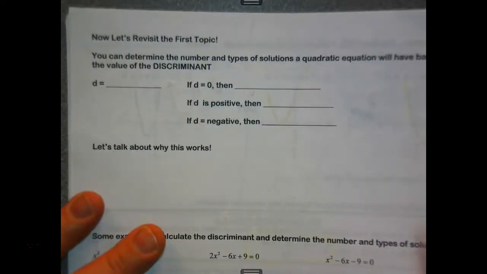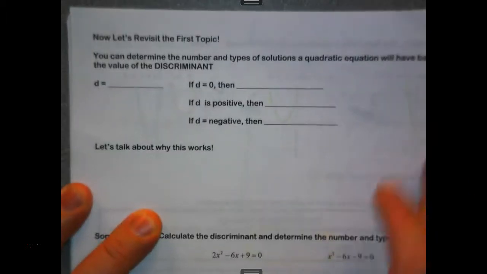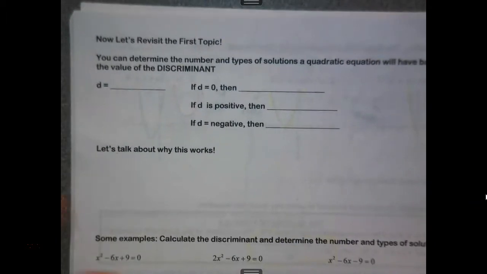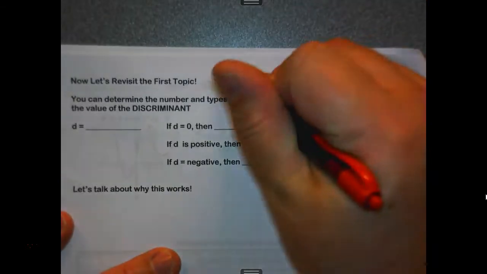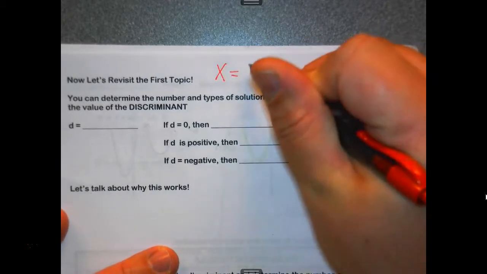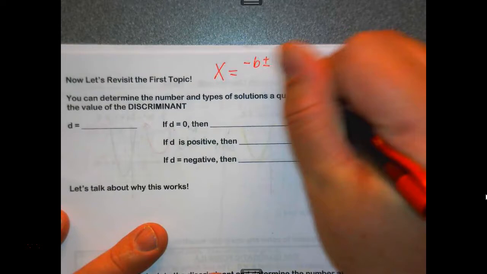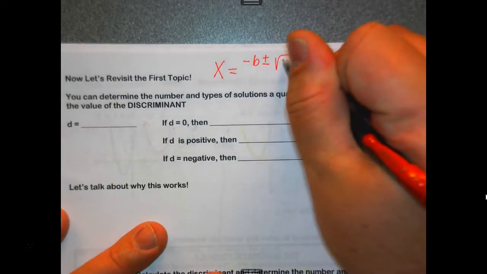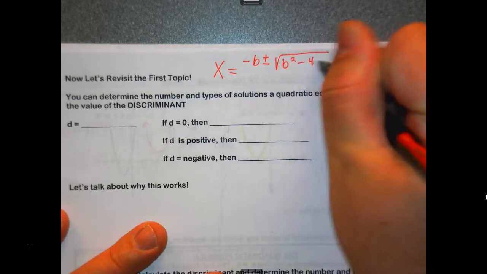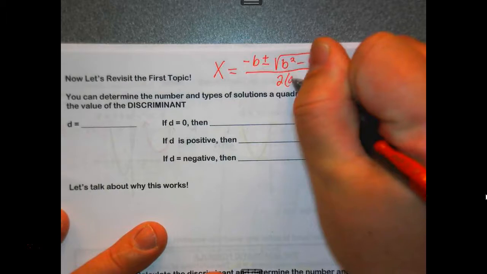All right, let's talk a little bit about that discriminant. Well, here's the quadratic formula. Negative b plus or minus the square root of b squared minus 4ac all over 2a, right?